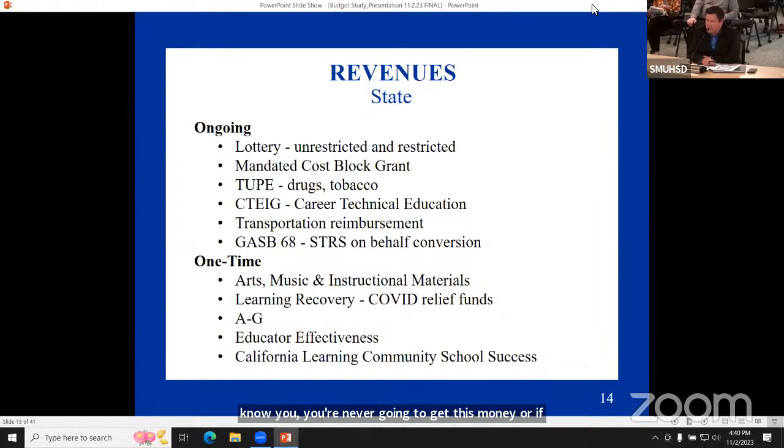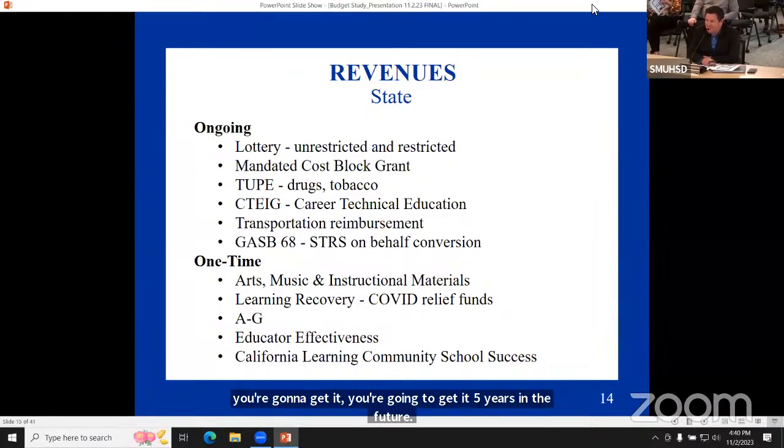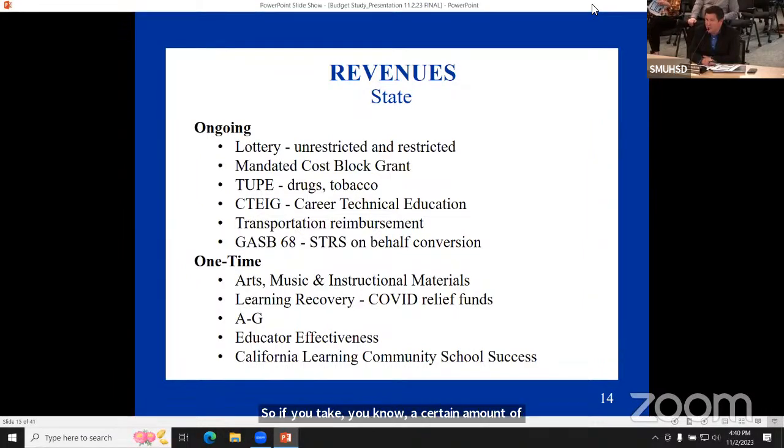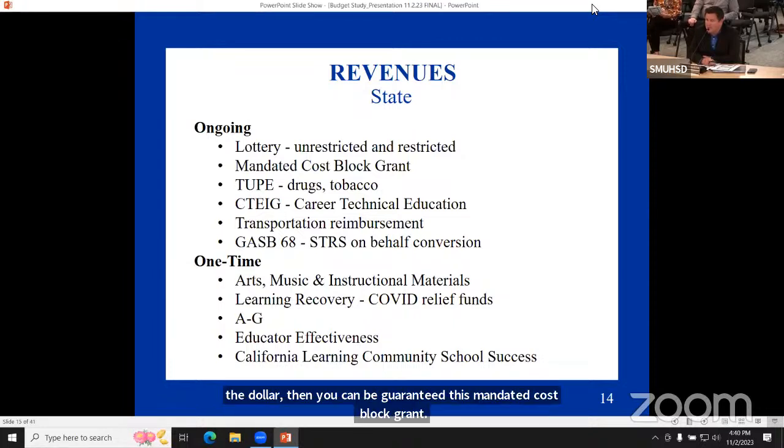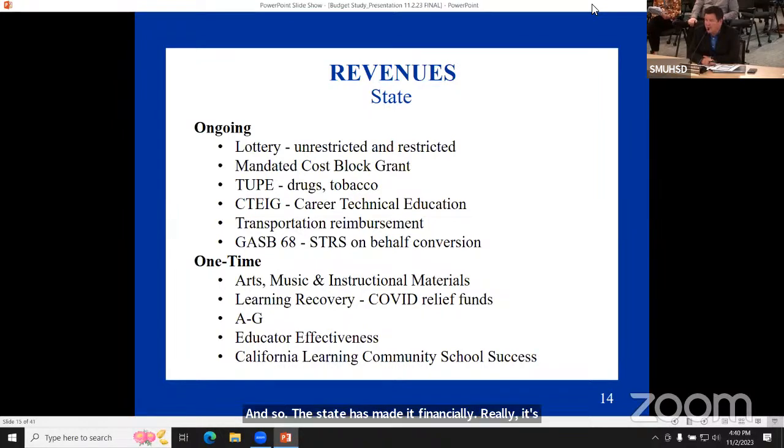So if you take a certain amount of money on the dollar, then you can be guaranteed this mandated cost block grant. And so the state has made it financially, really, the only way to go now. So every district accepts, there's a whole process of quote unquote what each mandate costs, and they put in a per dollar amount.